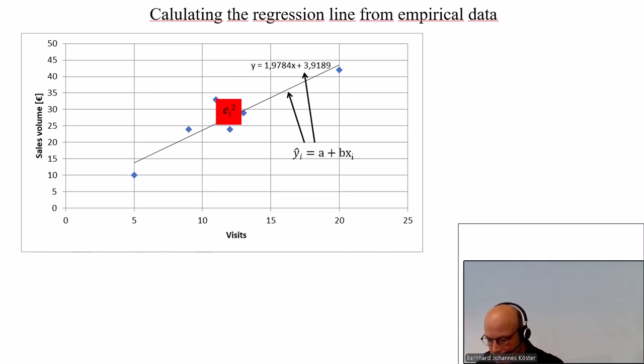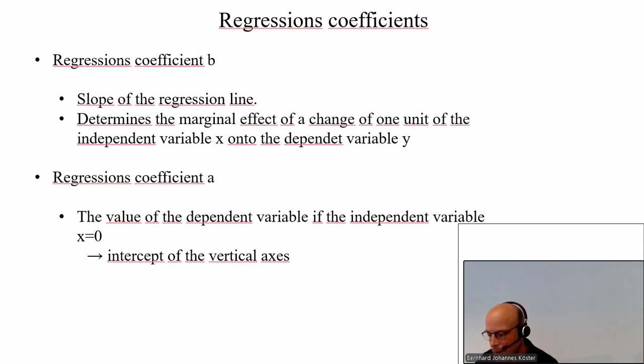To sum up, we have our regression coefficient B, and this is the most important one because this is the slope of the linear line, and so this defines your dependence. So if my x value is changing by 1 unit, then I know how much my y value is changing.